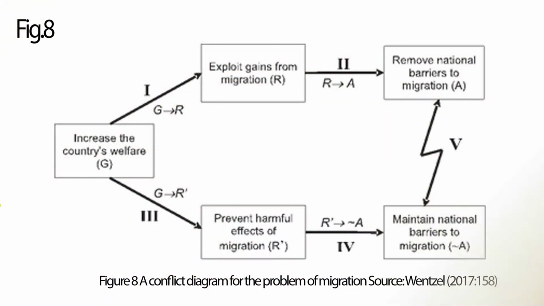So again, figure 7 was the stepwise method of finding a conflict from an undesirable effect source, and you have already seen that. And figure 8 is a conflict diagram for the problem of migration, source from Wenzel.